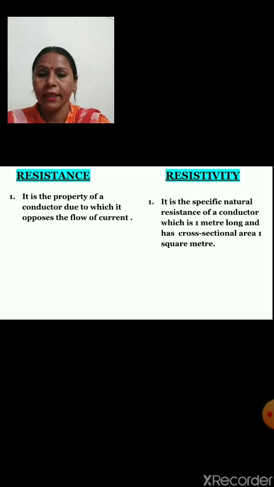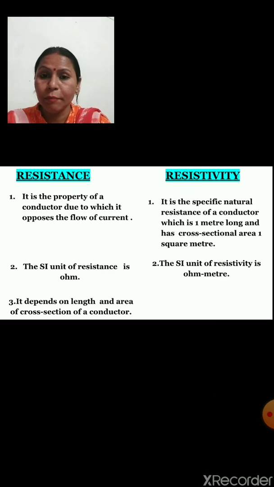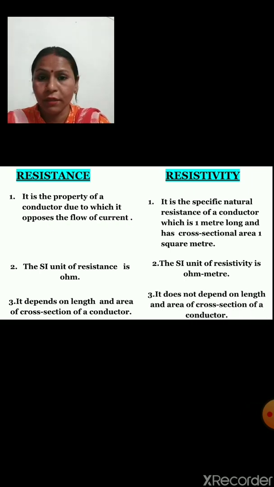The second difference is the SI unit of resistance is ohm and the SI unit of resistivity is ohm meter. Resistance depends on length and area of cross section of the conductor, but resistivity does not depend on length or area of cross section of the conductor.